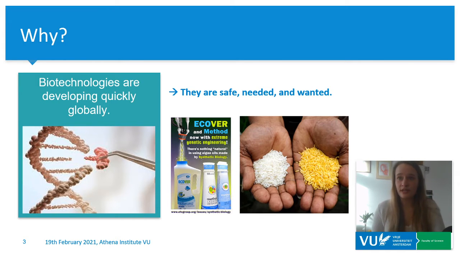Another example is the golden rice case, where they genetically modified the rice to help with vitamin A deficiency, which causes child death and blindness. But this was also met with public protests and criticism, making it nearly unused worldwide right now.